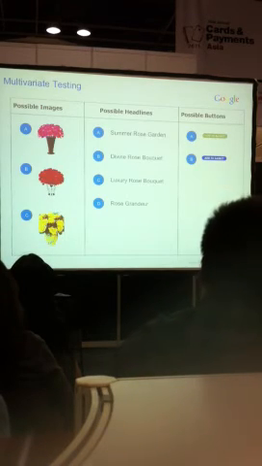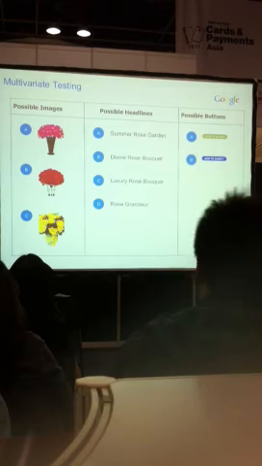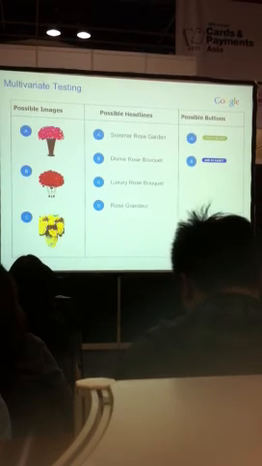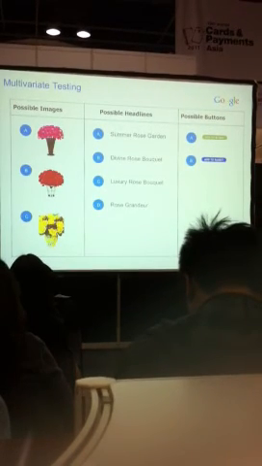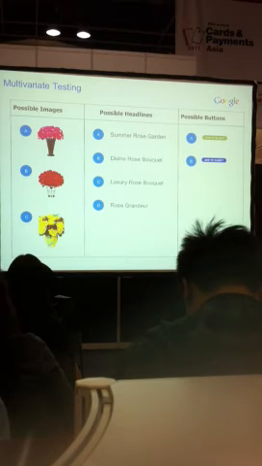So with multivariate testing, you would take a few different areas. So let's say I'm selling flowers. I would have 3 different types of flower photos I want to test. The headline, I could try different wordings to see which one speaks to my consumers better. And I could even try playing around with the color of the shopping cart button.